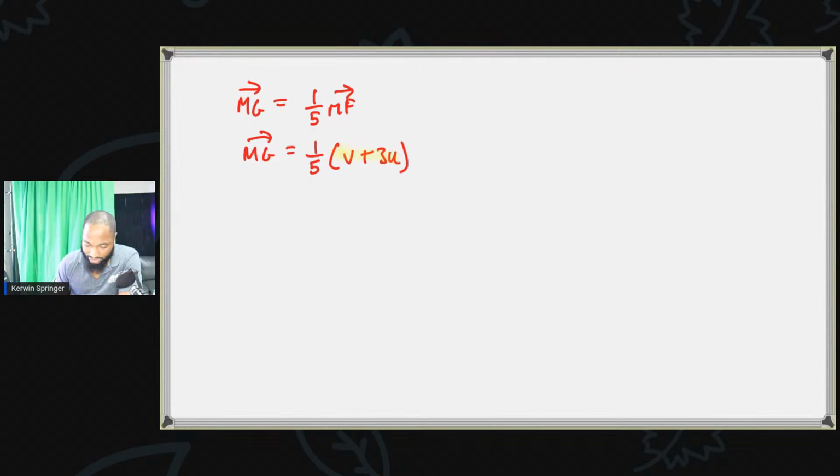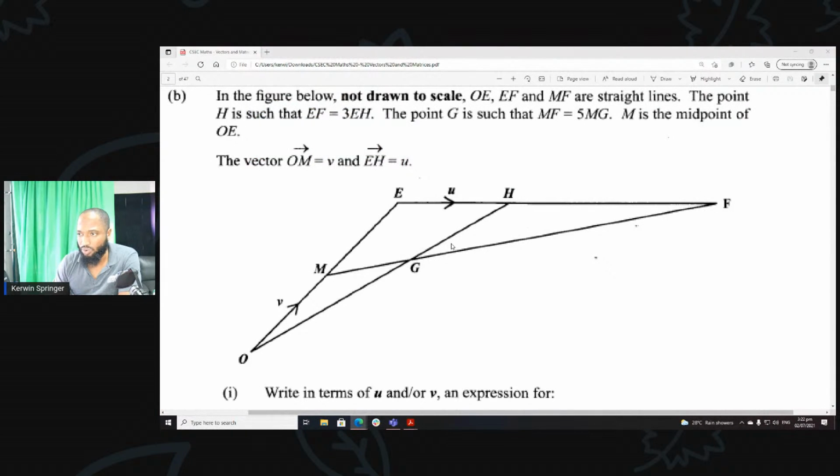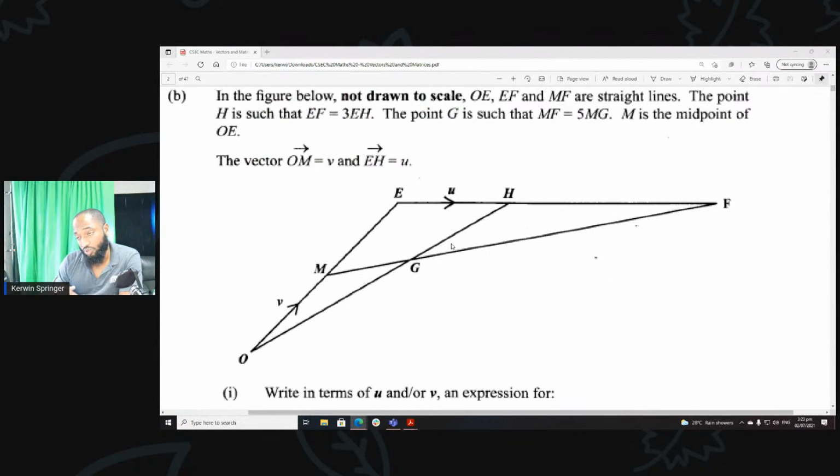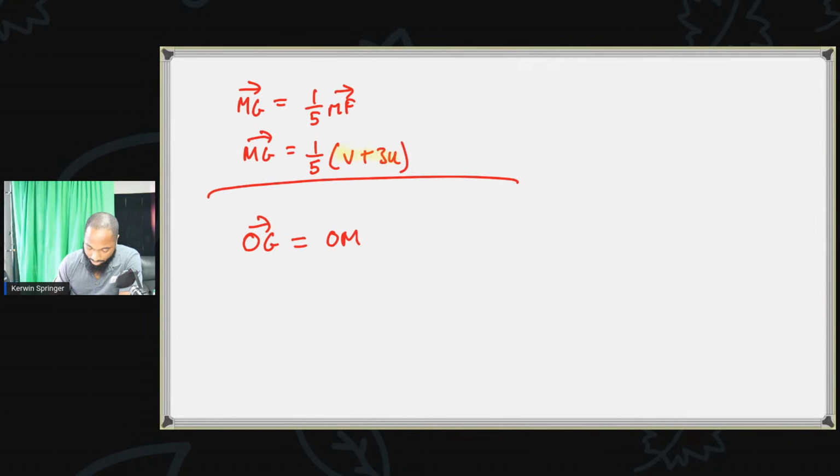So we leave that, and we want to get O to G. O to G is the same as O to M, then M to G. O to M plus M to G. O to M is V, and M to G, we just figured out is 1/5 of V plus 3U.